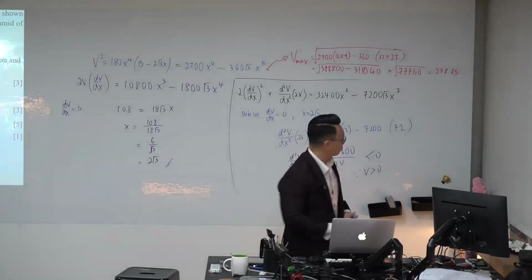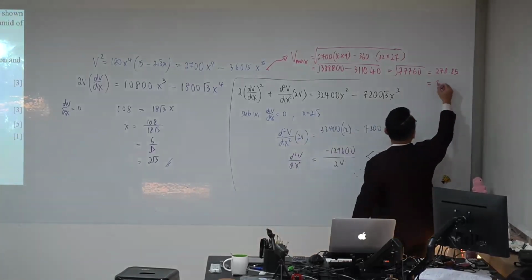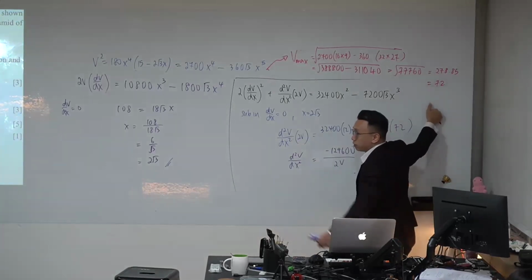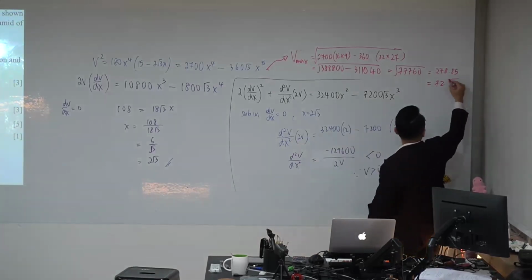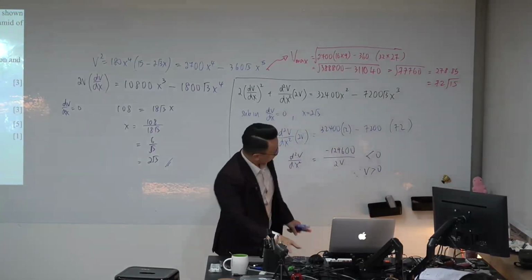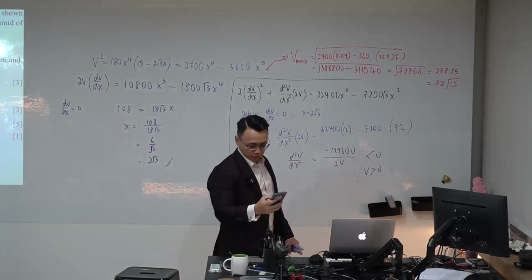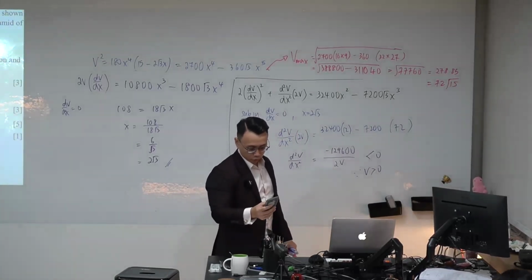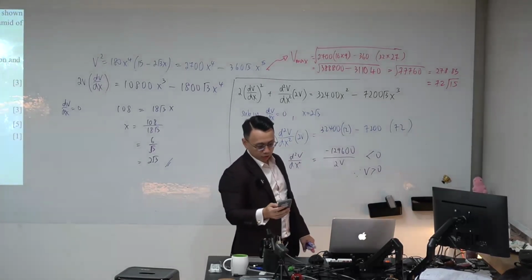So it's 72. 60 square root, take out square root 4, right? 15. Square root 15. Is this correct? Same answer? Okay, double check. Should be correct. 72 square root 15. Same answer.